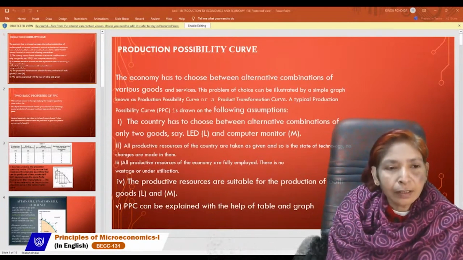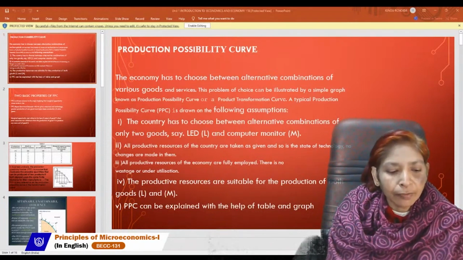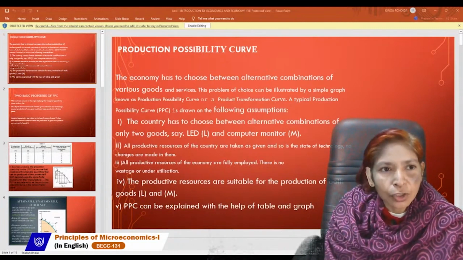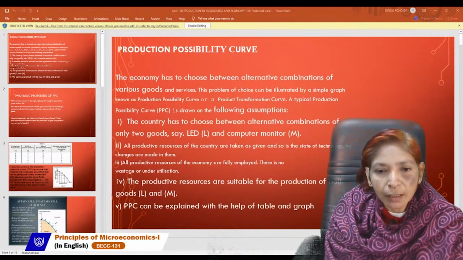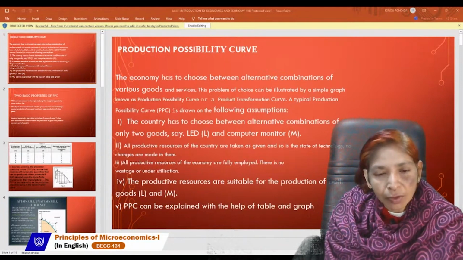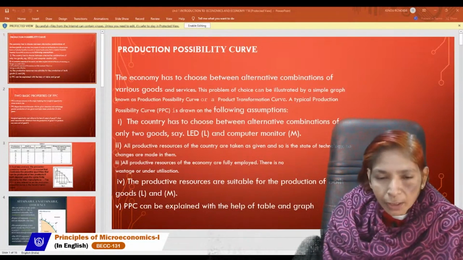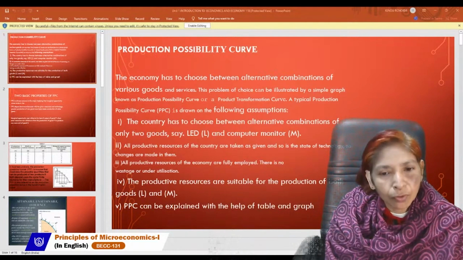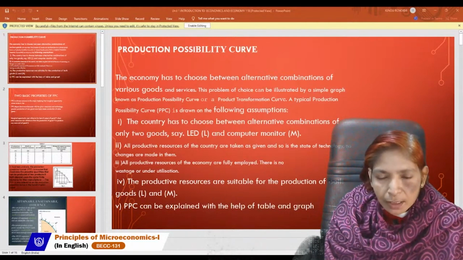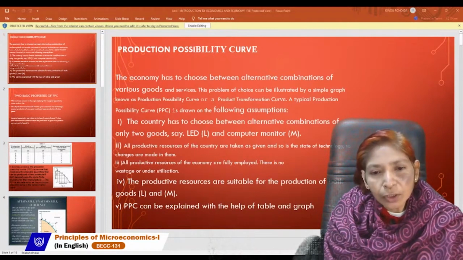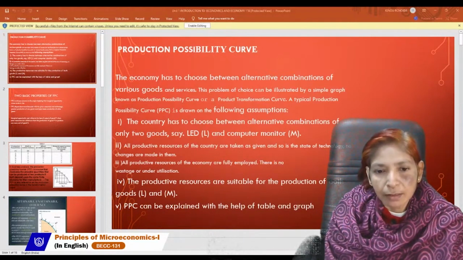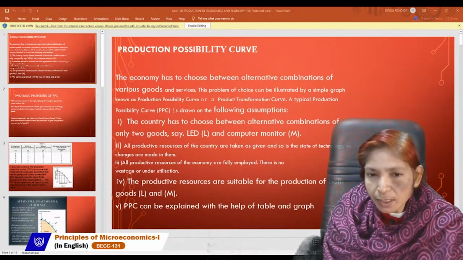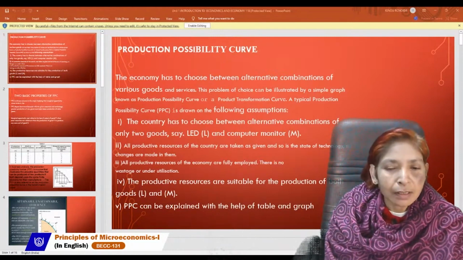Next is attainable and unattainable efficiency. The production possibility curve, which is always drawn concave to the origin, shows different possible combinations of two goods. All the points that lie on this curve show full utilization of resources, but a point can also lie outside or inside this curve.